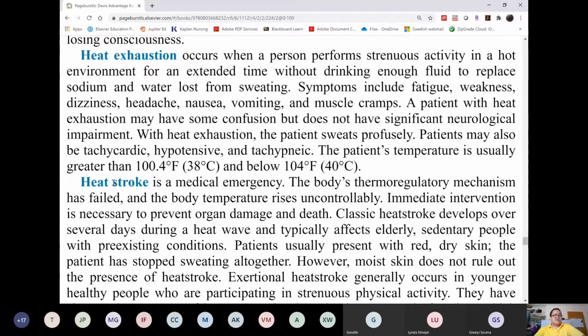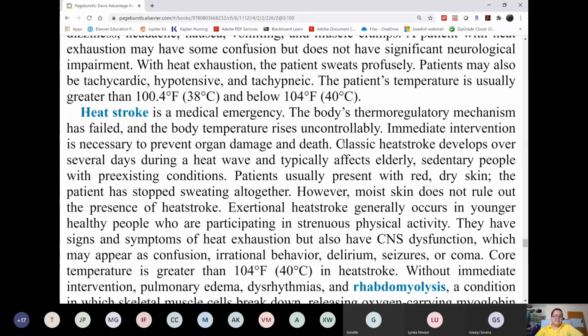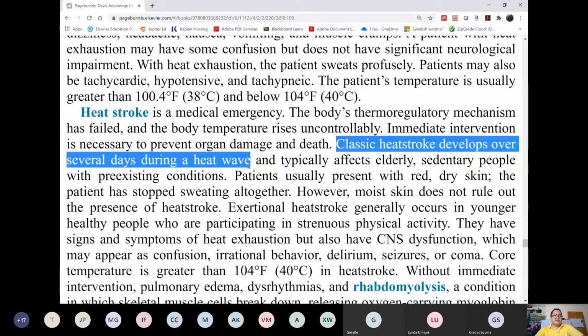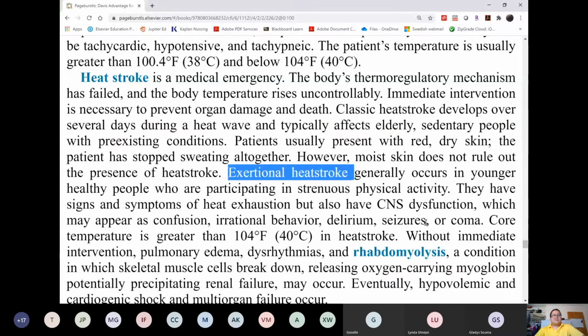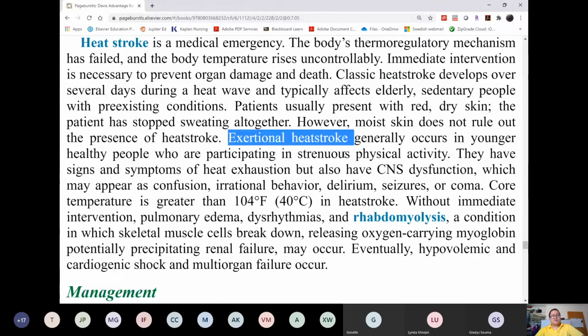For heat stroke there are two possible causes: either environmental, meaning you're just out there in the sun or inside a really hot room or house, or exertional, meaning from a marathon. The heat stroke from the heat waves hits our elderly specifically, and the others are exertional heat stroke. This is usually sports related.